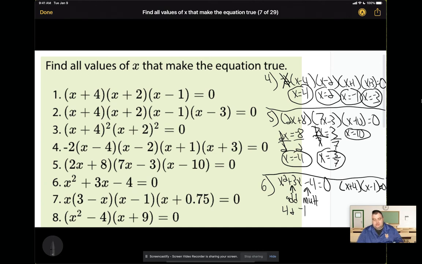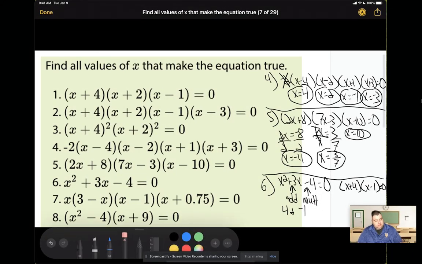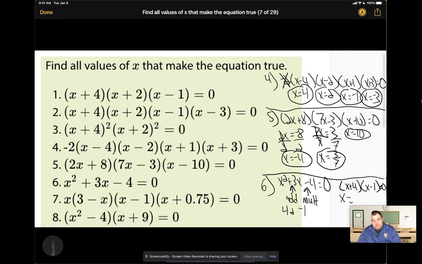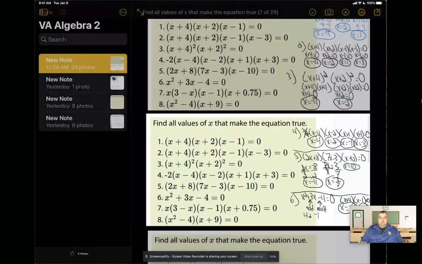So my factored form is x plus 4 and x minus 1, which means my x-intercepts are going to be x equals negative 4 and x equals positive 1. So again, using that switching of the signs trick. Okay, so that's number 6.